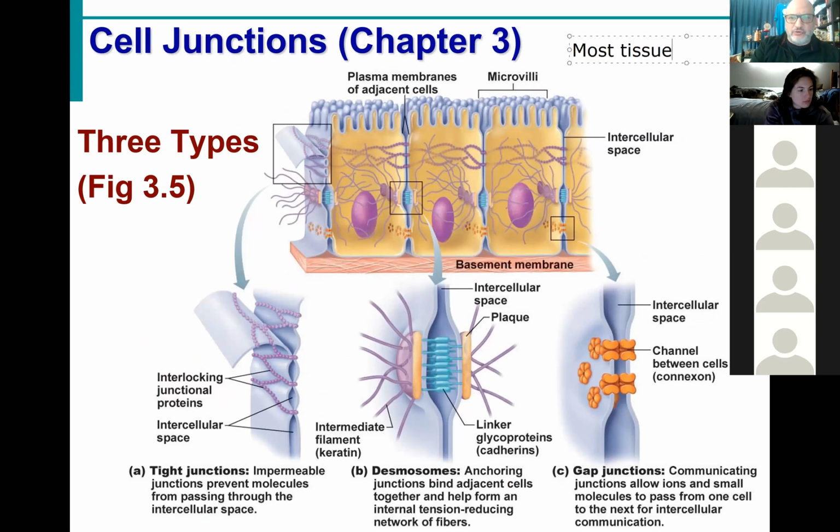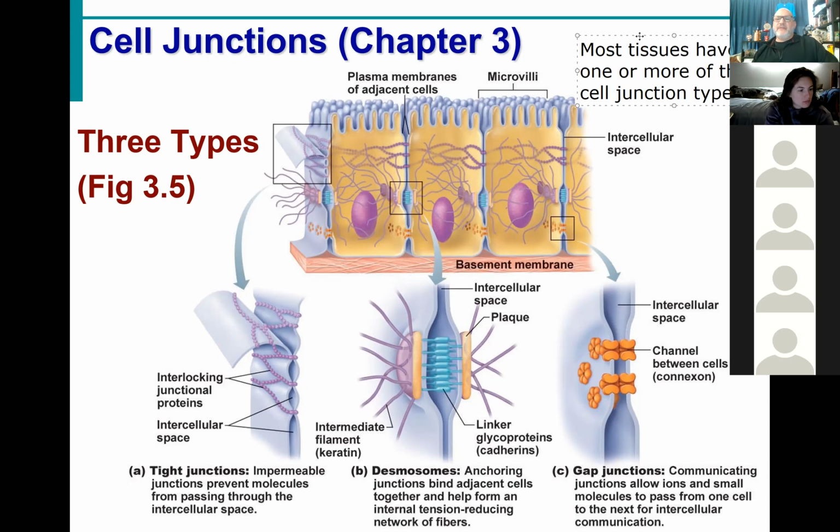Most tissues have one or more of these cell junction types. That's going to mean some tissues are going to have two, some tissues are going to have three. It also means some tissues are not going to have any of these, 0 of these, right? So again, not every tissue has cell junctions, but many of them do.